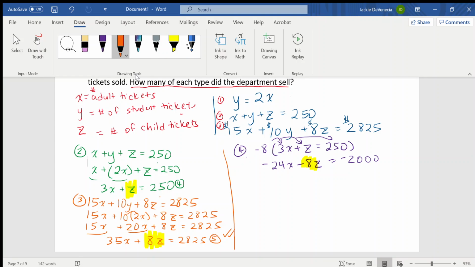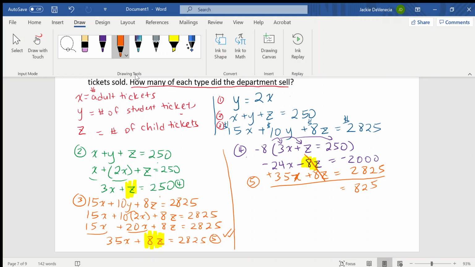35x plus 8z is equal to 2,825. That was my fifth equation, and I could go ahead and combine them. So over here, you would just get 825. This cancels out.